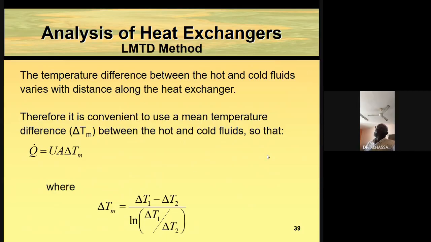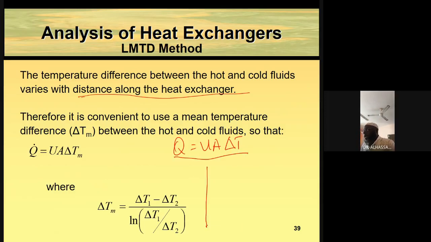Now we are saying that the temperature difference between the hot and cold fluid varies with distance along the heat exchanger. Therefore, it is convenient to use a mean temperature difference between the hot and the cold fluid. All along we have been talking about Q equals UA times delta T. This equation is only valid for a situation where we have a graph like this.